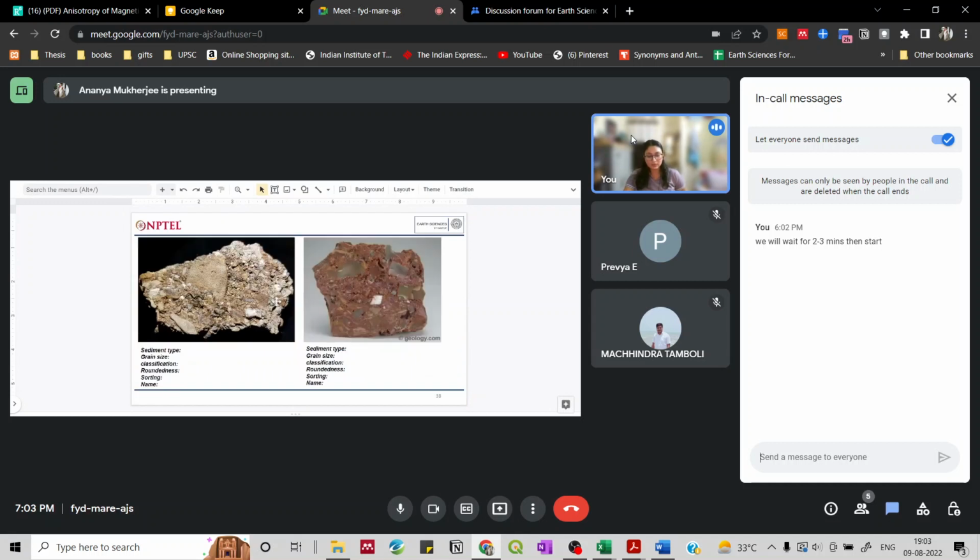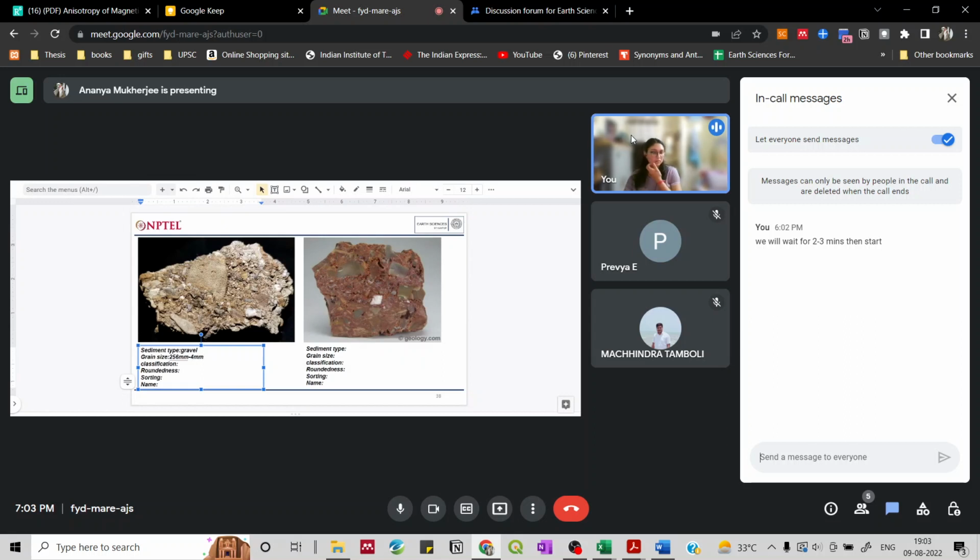So, for example, over here, you can see that for this rock, the sediment type is mostly gravel. Okay, so you see there is gravel size because you can see the sediments very clearly. So the grain size according to that would be somewhere between 256 mm to around 4 mm.